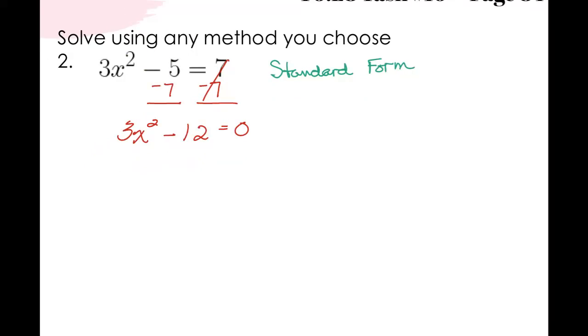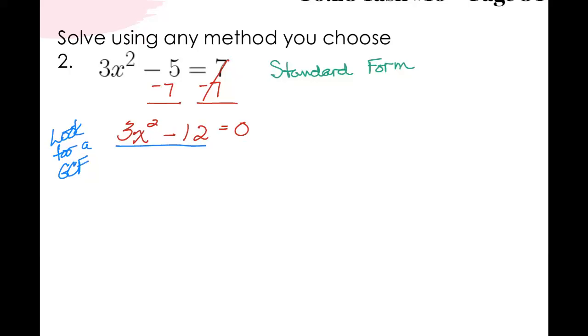As you look at those two terms on the left, does anything kind of jump out at you? How do you solve quadratics? Yes? Greatest common factor. Do we have a greatest common factor? Yeah, 3.